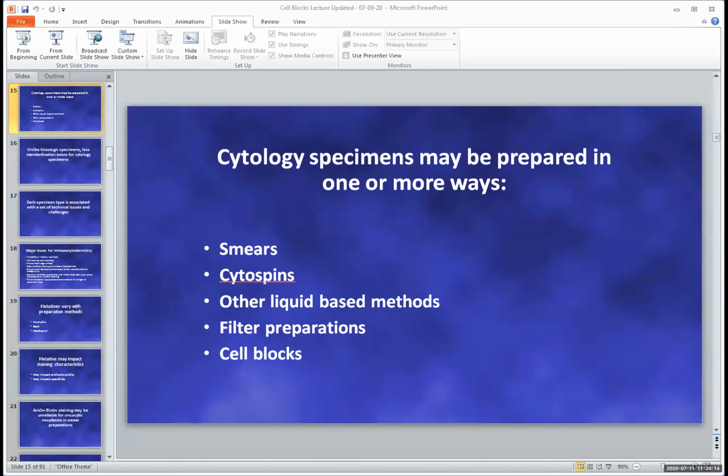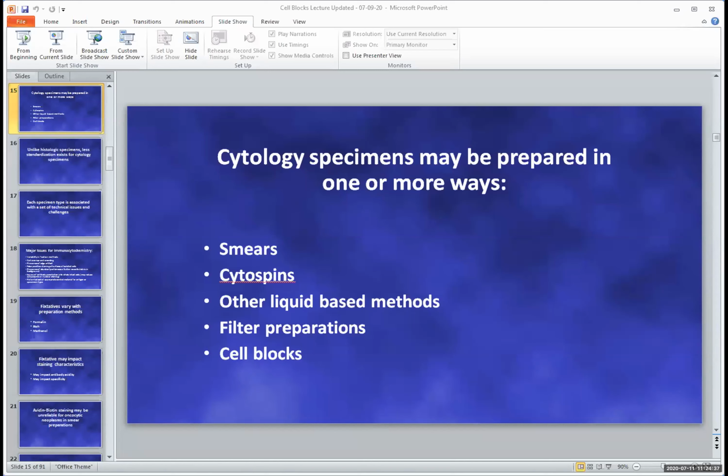Now, as we've heard, cytology specimens may be prepared in a variety of ways. Some are very useful for immunocytochemistry. Some have significant drawbacks to them. For fine needle aspiration people like myself, initially the predominant specimen type are smears.